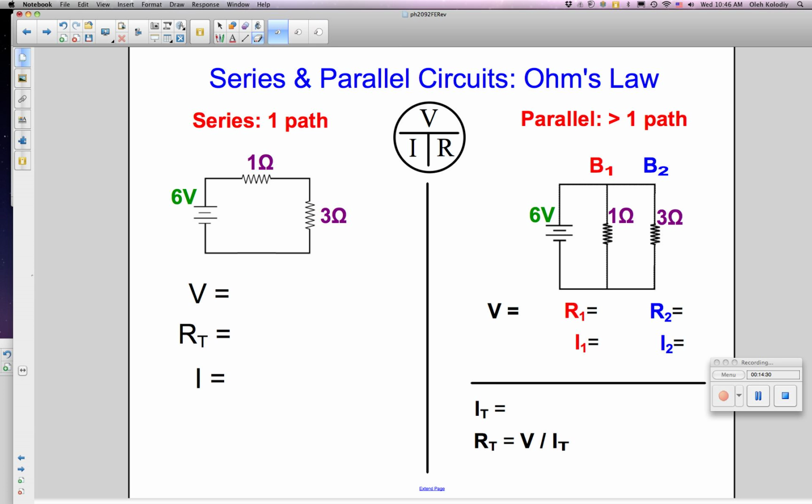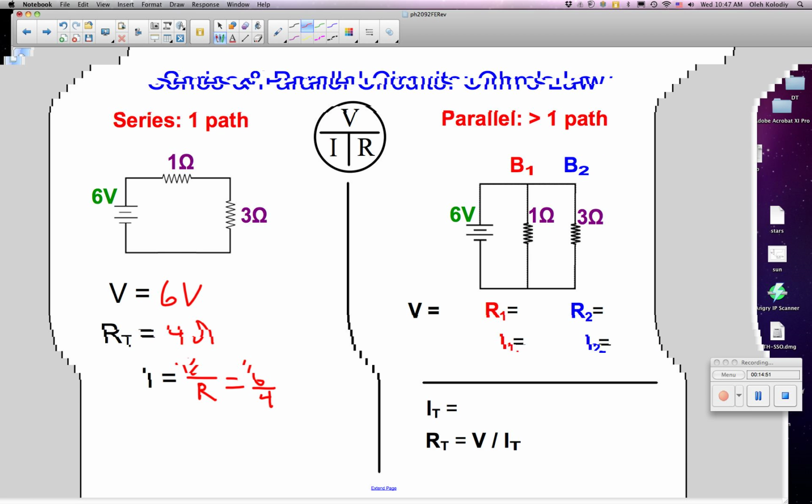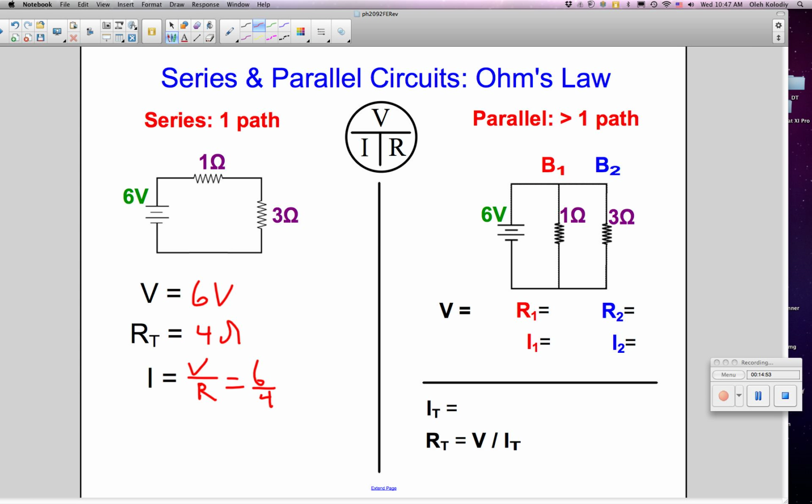If these are in parallel, as over here, then the two add inversely. So the total resistance in this particular circuit is equal to 1 over R1 plus 1 over R2, 1 over 1 plus 1 over 3.